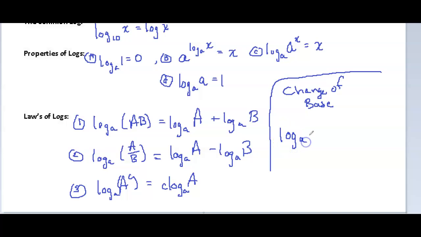The log base a of x could be the common log of x divided by the common log of a. So for example, if I had log base 7 of 3, I can use the common log of 3 divided by the common log of 7. And that is all.